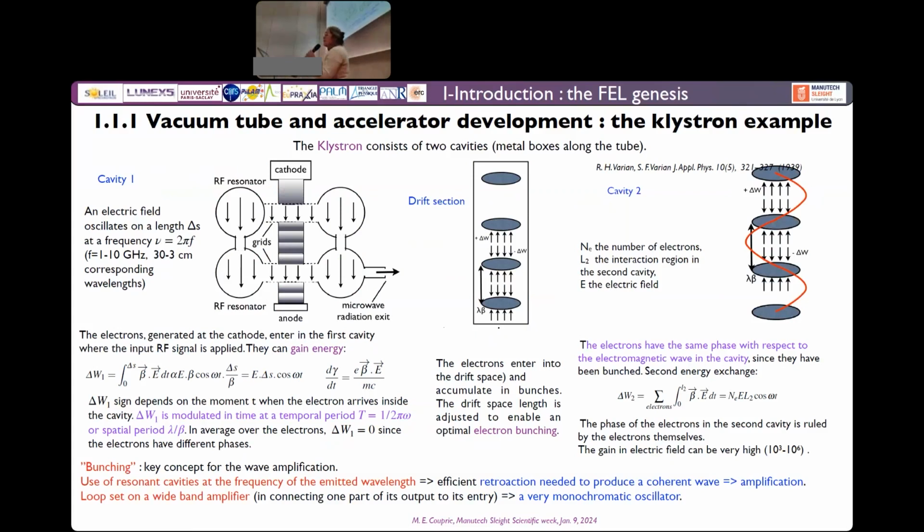So we see that the sign of delta W1 depends on the moment when the electron arrives inside the cavity. And delta W1 is modulated with a temporal period T or a spatial period lambda over beta. So on average, this work is 0 since the electrons have different phases.